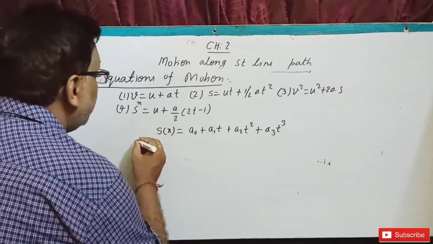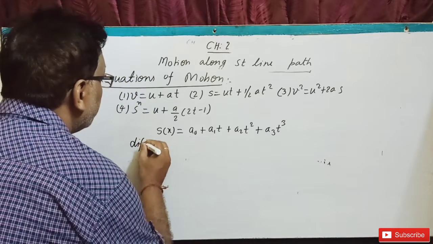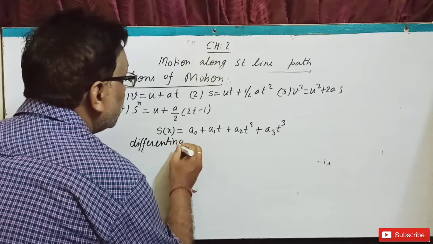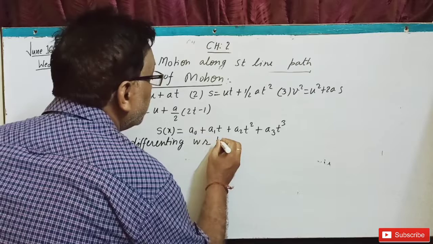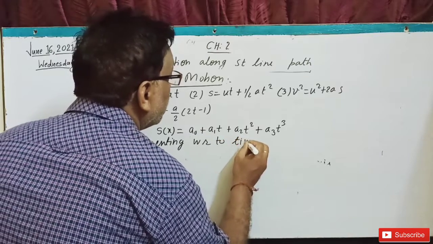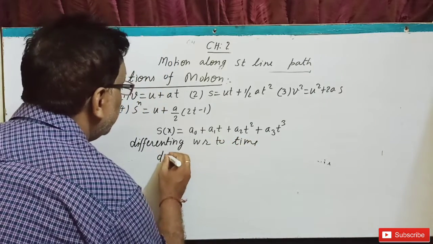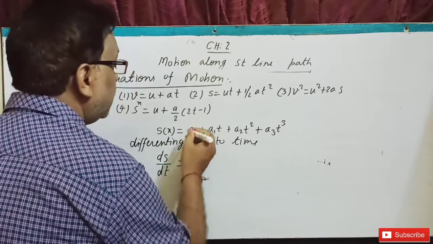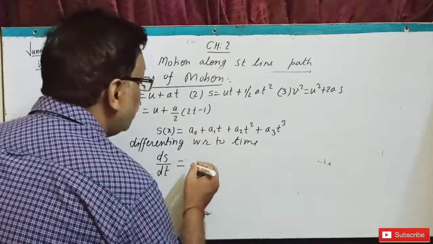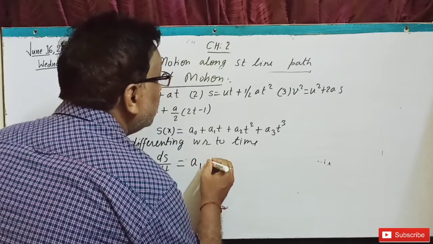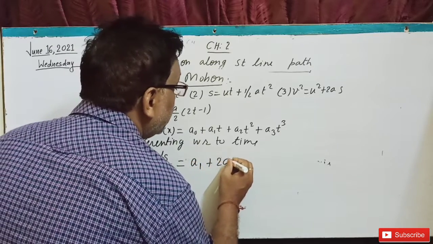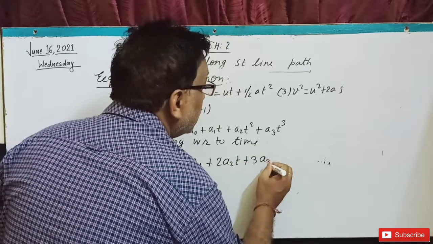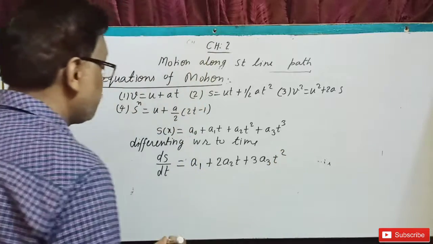So let here, differentiating with respect to time, then ds upon dt. Here a0 is constant, so it goes to be 0. And we have a1 plus 2a2t plus 3a3t square.